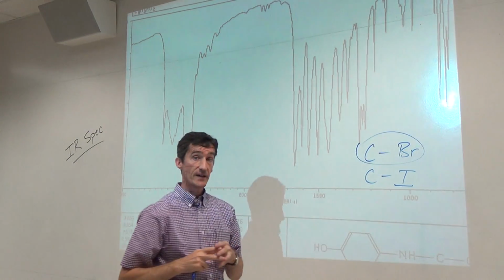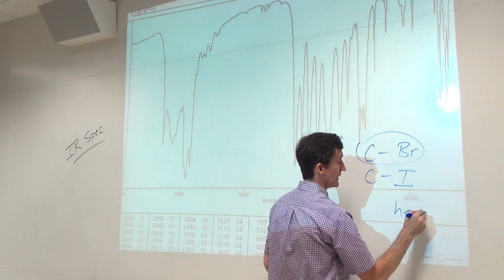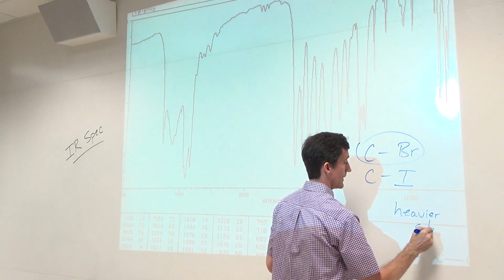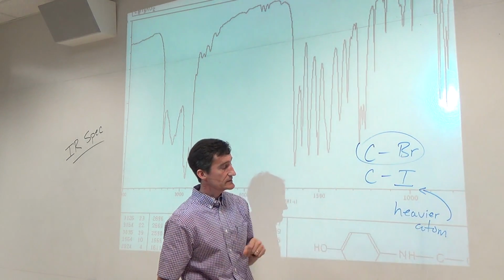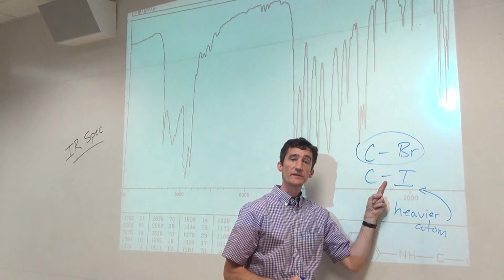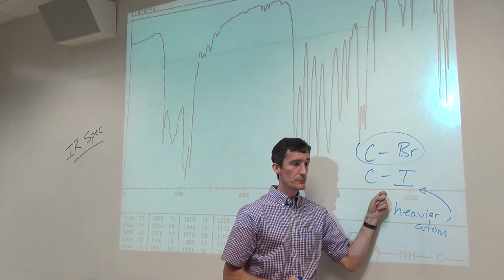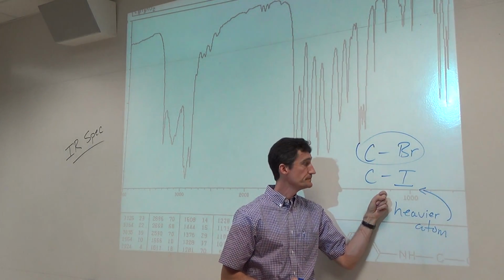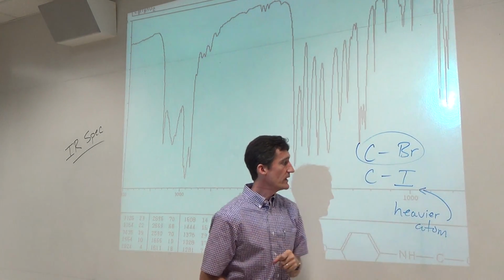It's going to vibrate faster because why? Iodine is a heavier atom. Carbons are constant. This slows this vibration down, slows the frequency down, and so it absorbs lower frequency light. And so that peak is going to be more to the right. That'll have the higher wave number.